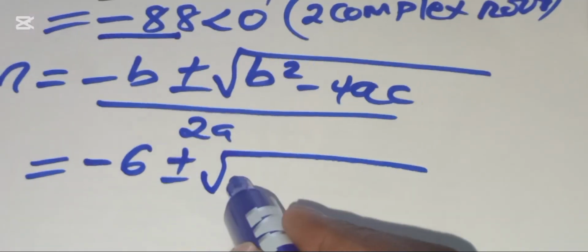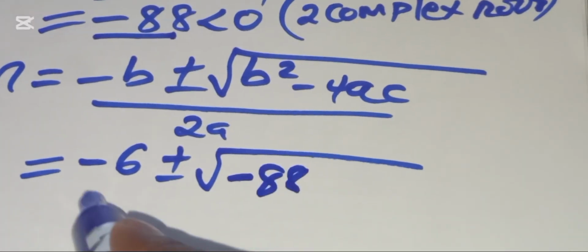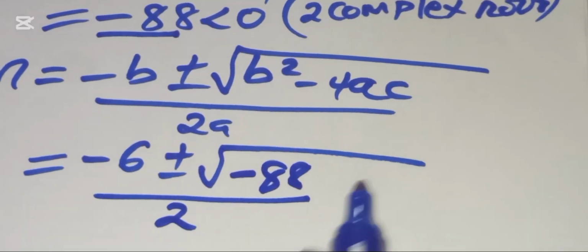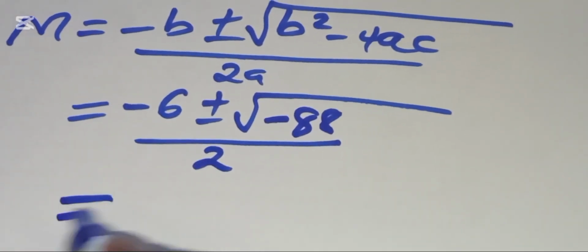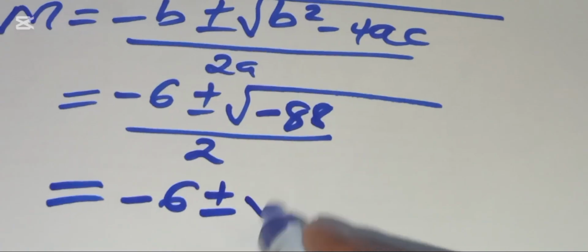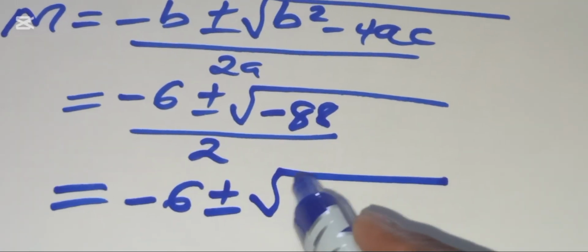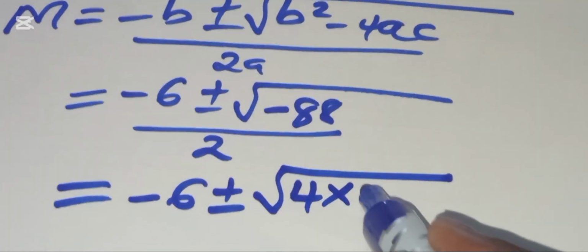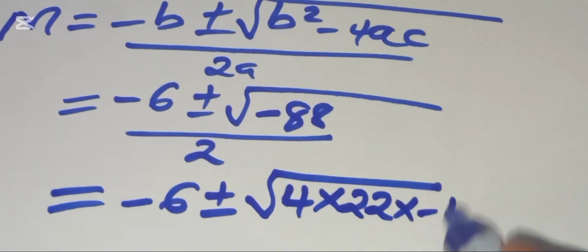So we have negative 6 plus or minus the square root of negative 88, divided by 2. Now negative 88 can be expressed as 4 times 22 times negative 1.